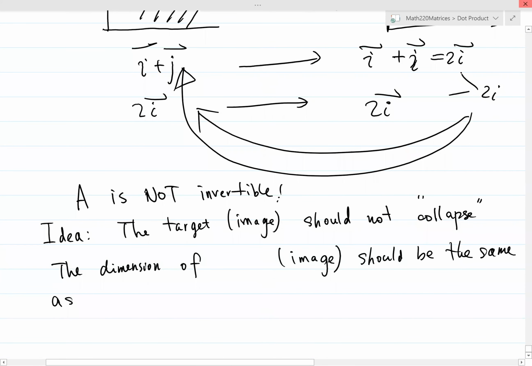If you map a 3-dimensional vector space, the image should be a 3-dimensional space. Then this is invertible, the same as that of the source vector space.